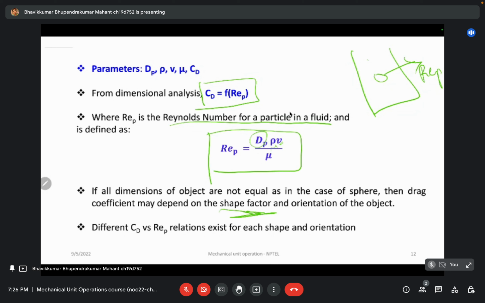With the consideration of all these parameters, at the end we can find the Reynolds number of the particle in a fluid. Now the relation between drag coefficient and Reynolds number for a particle in a fluid exists for each shape and orientation. Definitely, according to the shape and orientation, different relations exist.